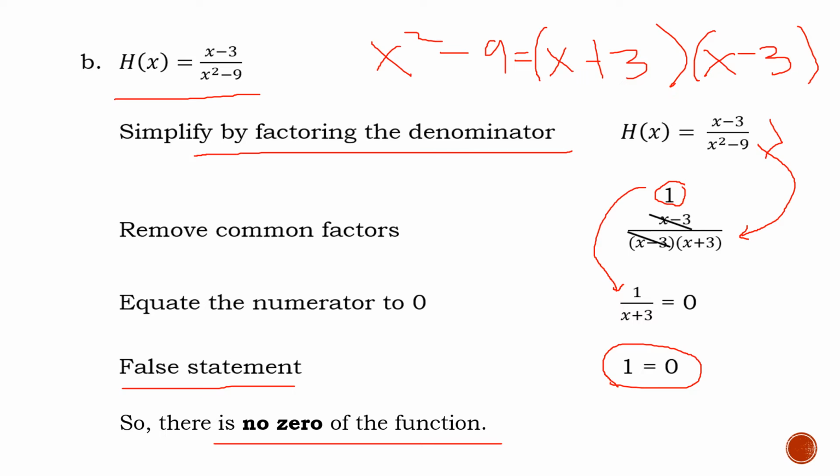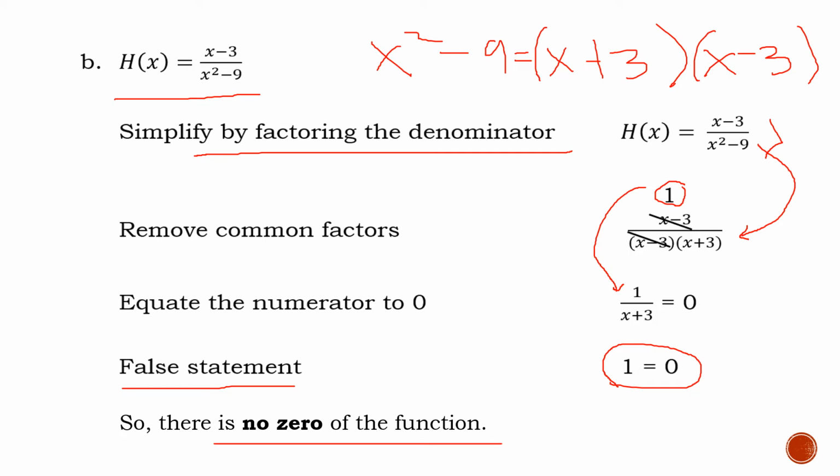So, in this example, as you can see, no, you just simply simplify first the denominator, then look for the simplified form of this function before you come up, no, with the idea that you're going to equate your numerator to 0. First thing to do is to simplify first, no? Simplify first your given rational function, then move forward with the process of equating your numerator to 0 for us to find the value of zeros.